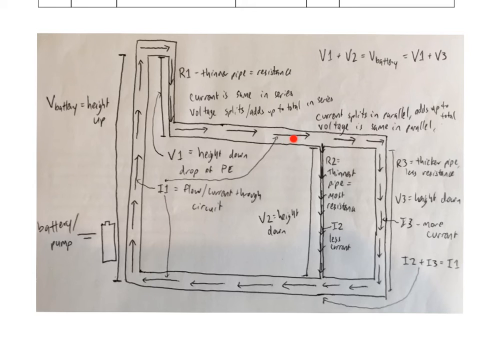This large arrow, this large current, split into those two areas. So in parallel, the current splits, but the voltage is the same on both pathways. All right, so the current of 2 plus the current of 3 is going to add up to this current of 1 again, and then it flows back through the circuit.